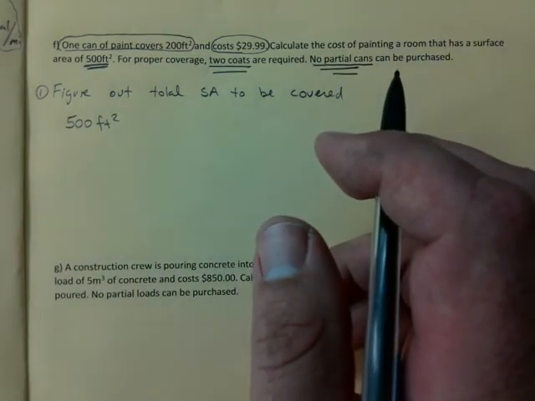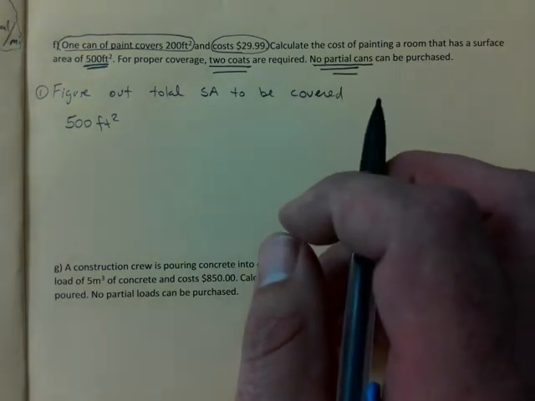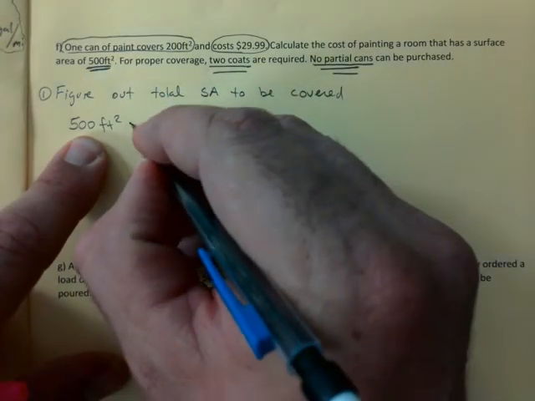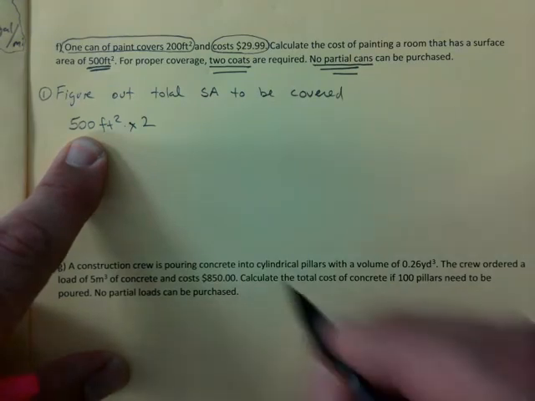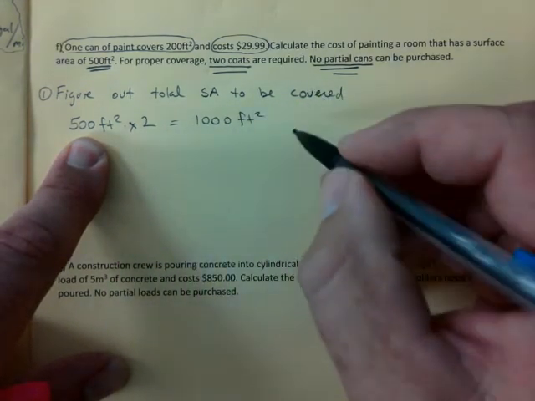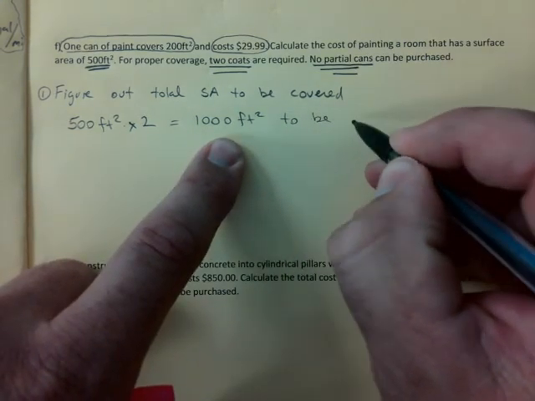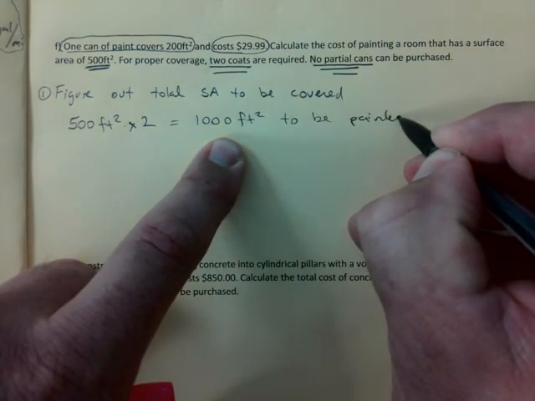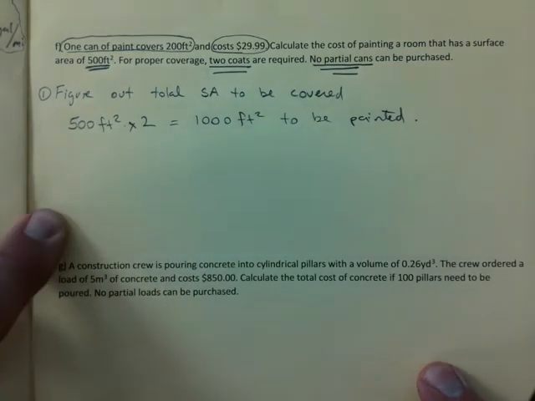How many coats do you need? You need 2 coats. So it's almost like you're painting the same room twice. So 1,000 square feet to be painted. Don't jump to the cost right away.